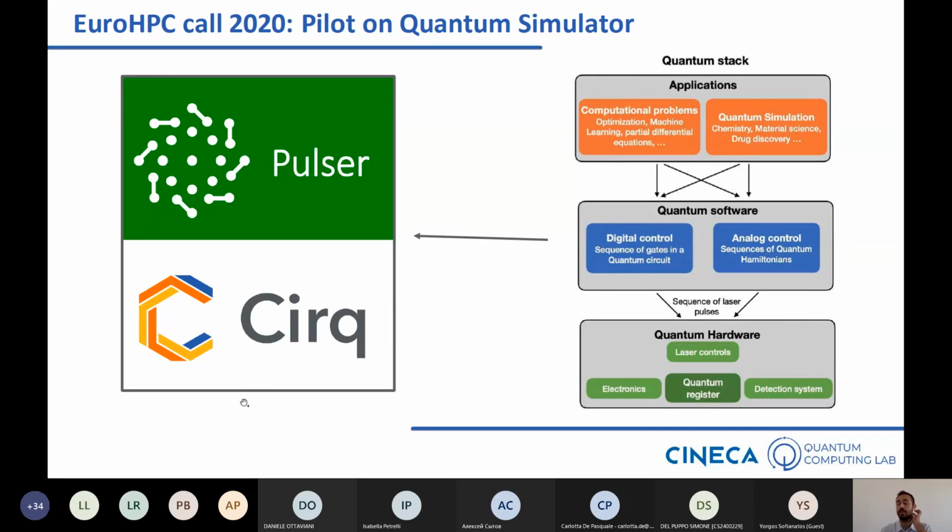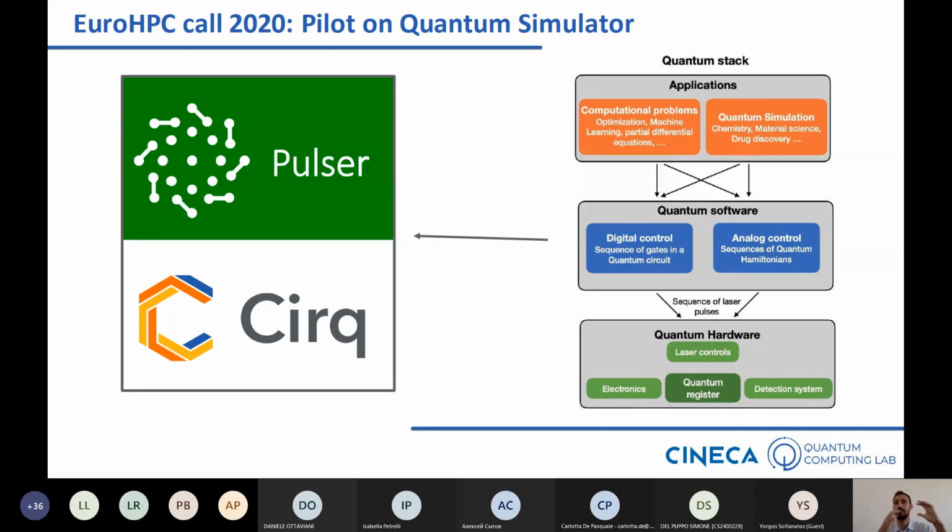Cirq is basically the equivalent of Qiskit that we saw on the second day, but Cirq is developed by Google. What digital control means is that the programmer chooses the gates. Then the gates are mapped to a correct sequence of pulses and sent to the hardware.